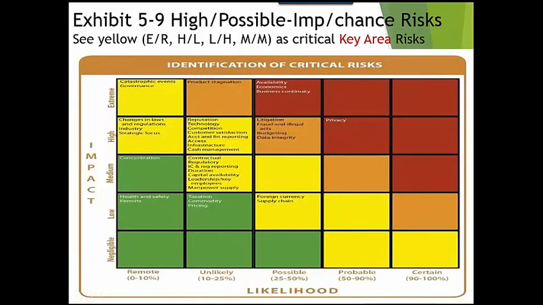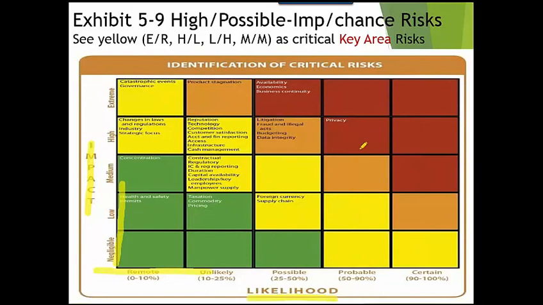Now, the key point here, and again, we are rambling on here, so I'm going to jump over to Chapter 6 after this. Very important is what you notice here: we are using a risk map where we have impact on the side. So consider this the y-axis over here, the x-axis over here, and likelihood.